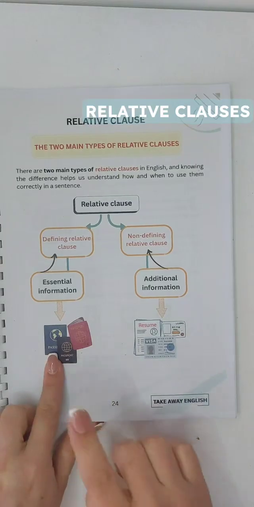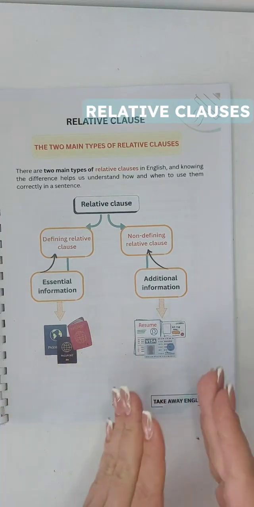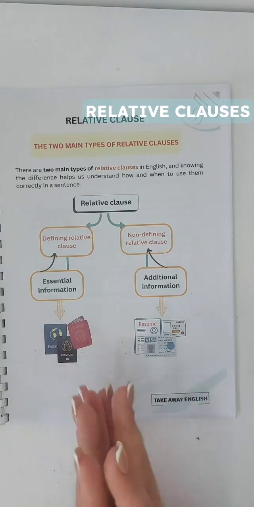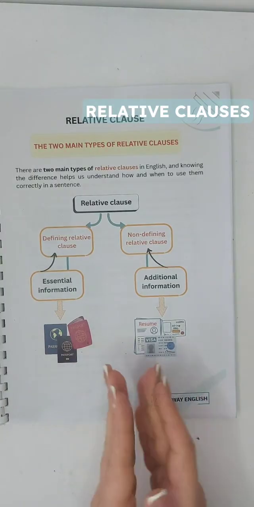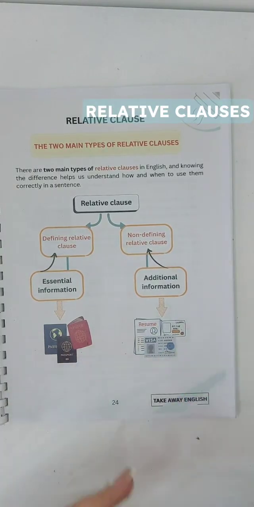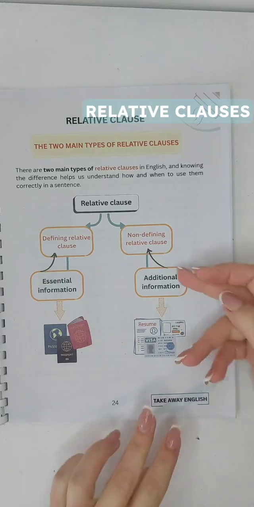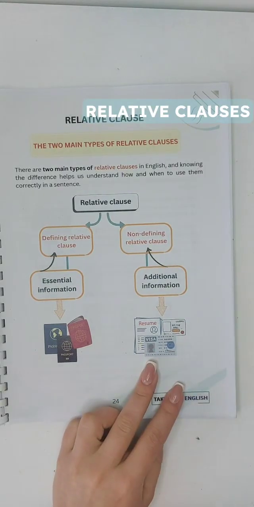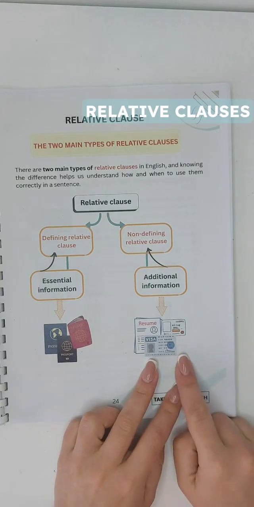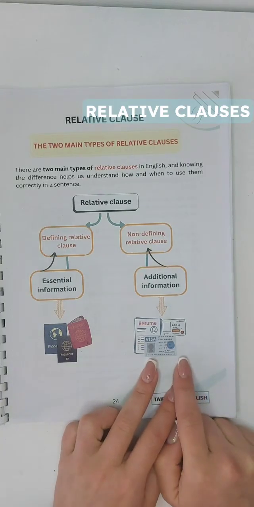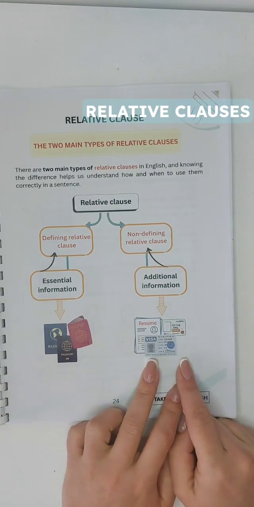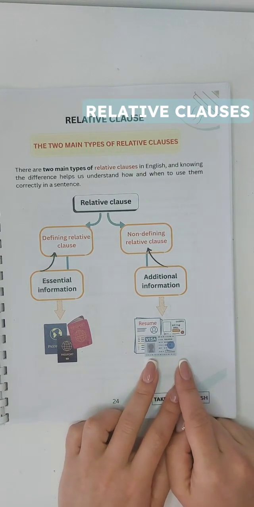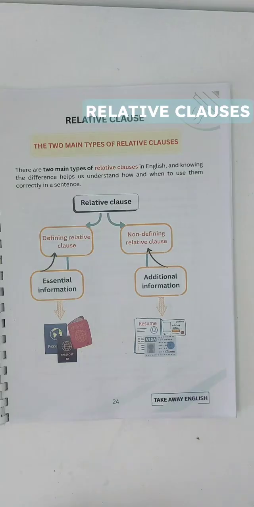So first we need a passport, and then it's optional, right? We can provide a resume, driving license, etc. This is a non-defining relative clause. Additional information. This information is usually optional, right? Extra information.